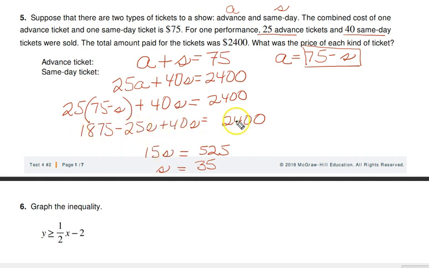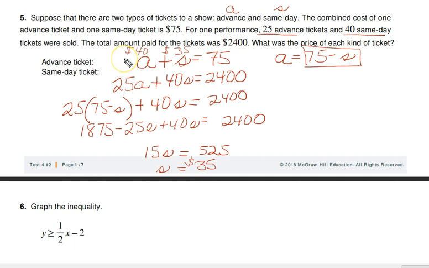I subtracted this from both sides, I got 525. Divided both sides by 15, I get the same day tickets worth $35. And if I subtract 35 from 75, the advance tickets were $40.